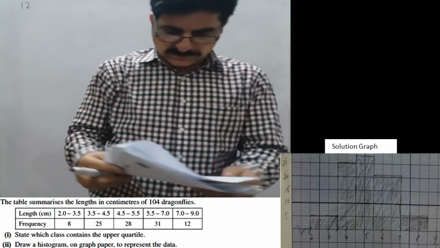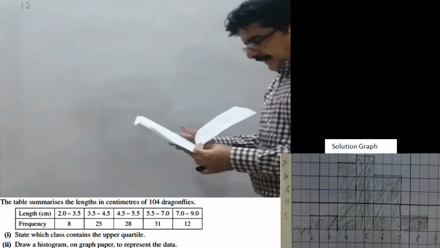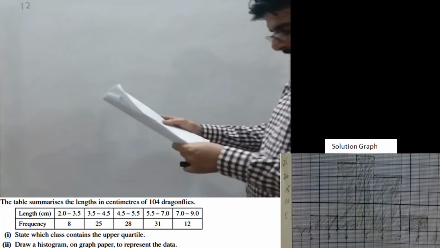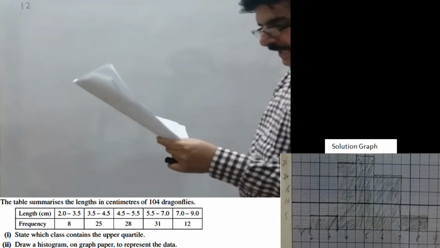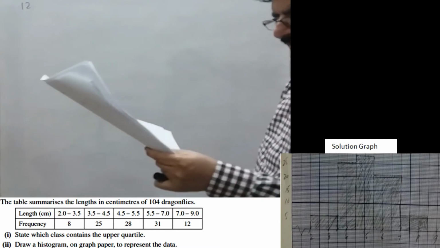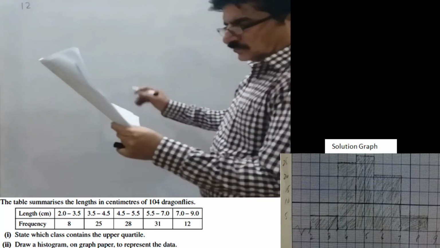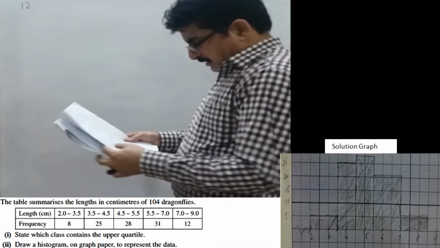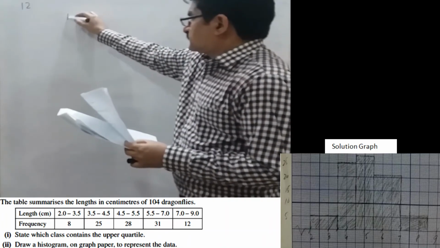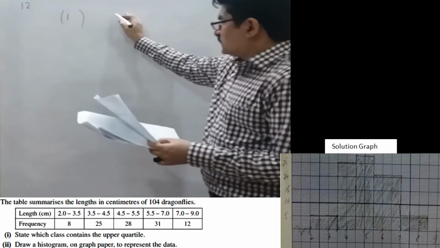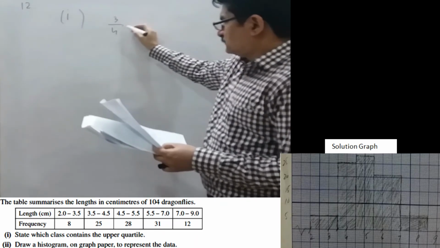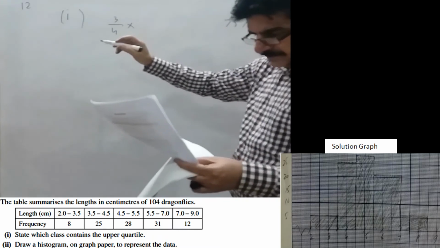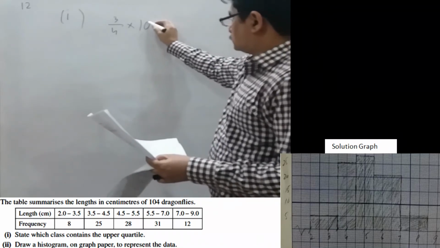Okay, last question, question number 12. Again, please read the question. Now the class boundaries are already given. So state which class contains the upper quartile. Now if you go on adding, this is the first part. For the upper quartile you find 3 by 4, which means 75% of the total, which is 104.